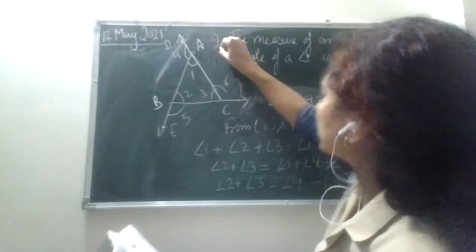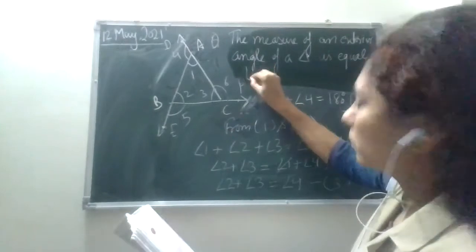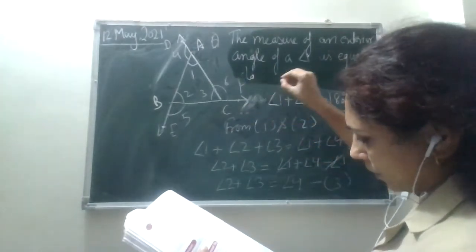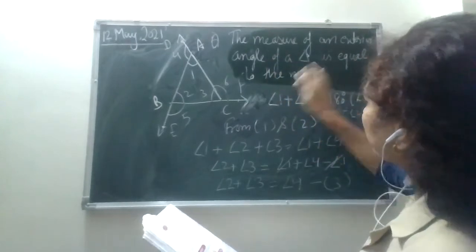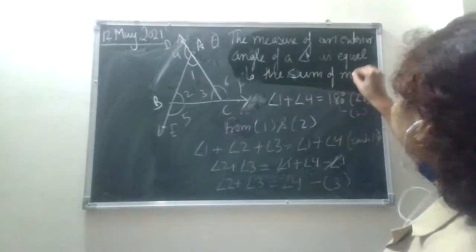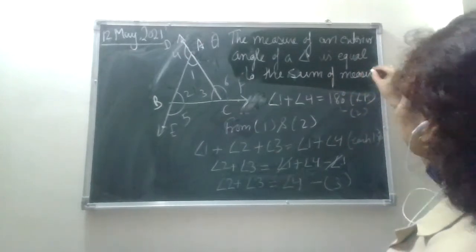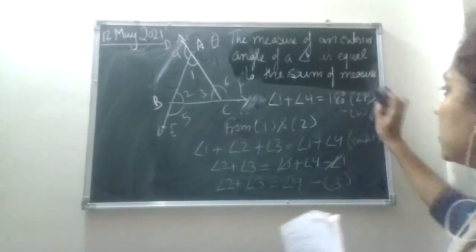this is your sixth property, is equal to the sum of the measure of two interior angles, two opposite interior angles.